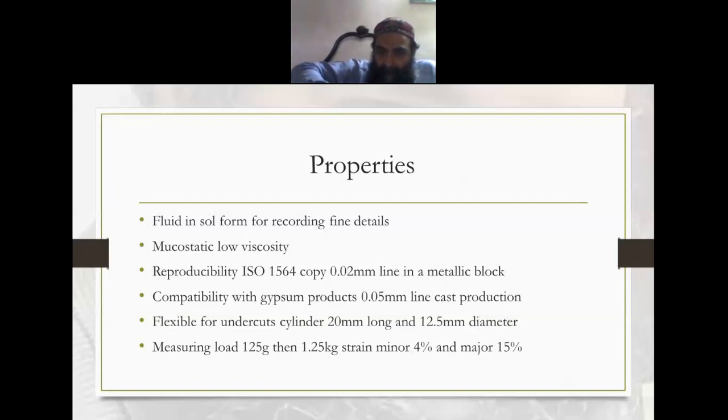For flexibility for undercuts, a cylinder 20 millimeter long and 12.5 millimeter in diameter is made, and a measuring load of 125 gram and then 1.25 kilogram is applied over that cylinder, and a minor strain of 4% and major strain of 15% must be recorded. If more than this, it is not of our use. If less, then it will be good.